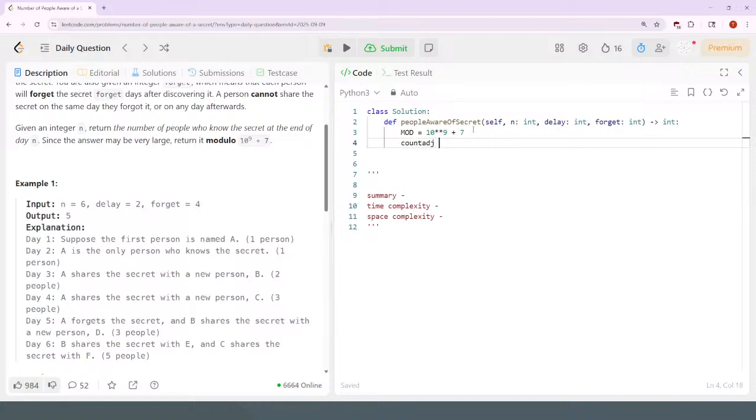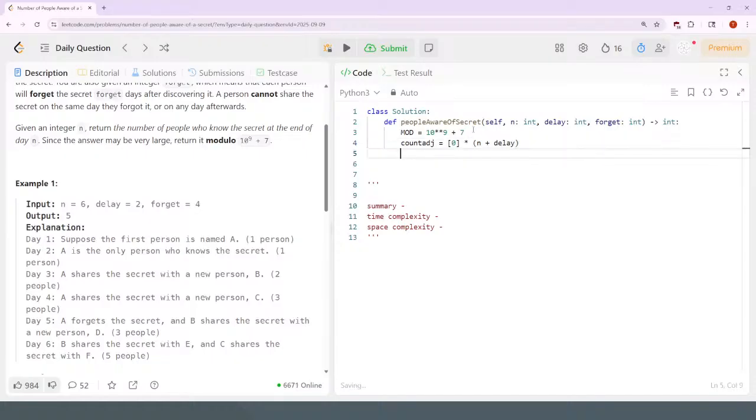Count adjust is going to be 0 times n, maybe n plus delay. I think I need to know more than that, or I think I'll ever index past that.